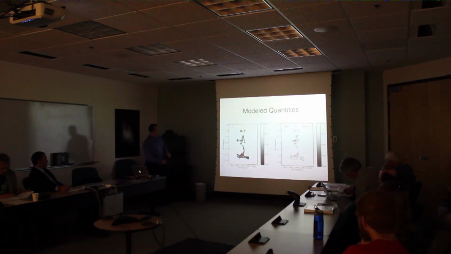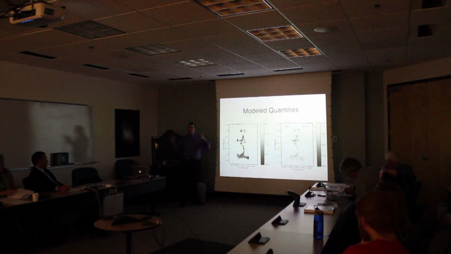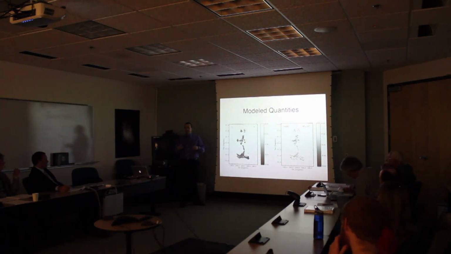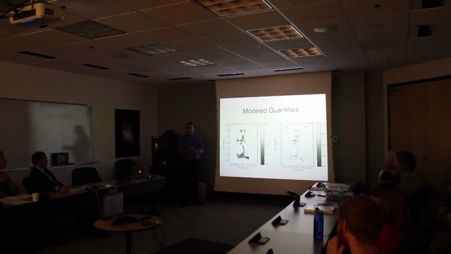But with those model fits, because there's so many hyperfine lines, we can actually determine kinetic temperatures, so how fast the gas is moving. We can determine excitation temperatures, which is different, because the gas can have a very high speed and have a high kinetic temperature, but because it's so rarefied, it may end up having a low excitation temperature because the molecules don't run into each other very often.